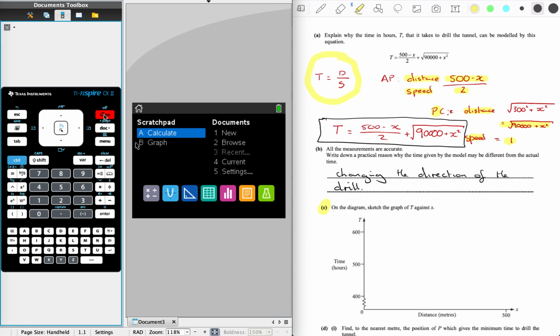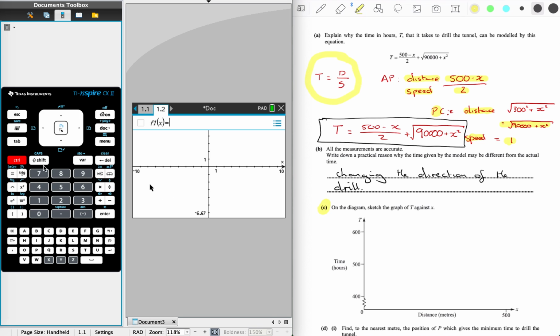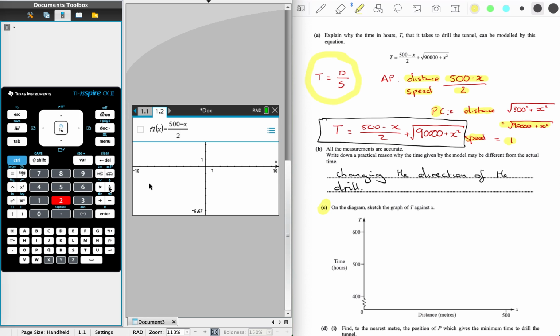I need a new graph page, and I'm just going to put in exactly what it says. I need this as a fraction probably. So we've got (500 minus x) over 2 plus square root, oh, that's the wrong one, let's delete that.